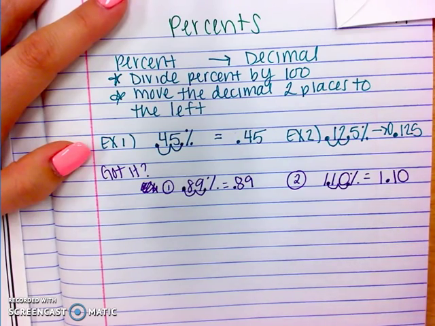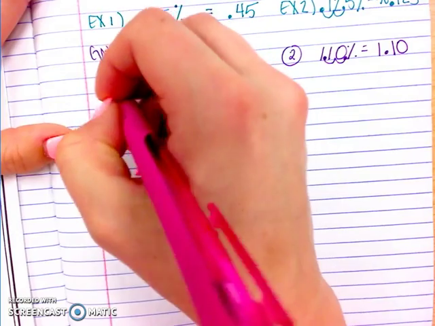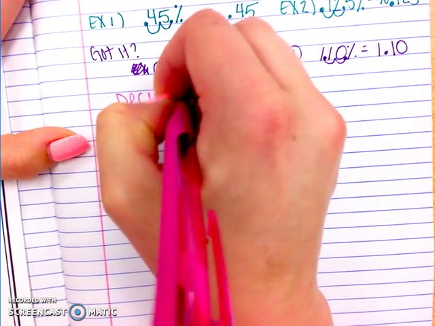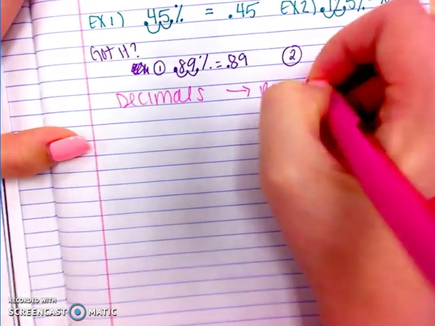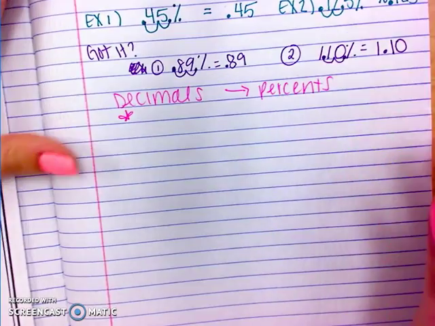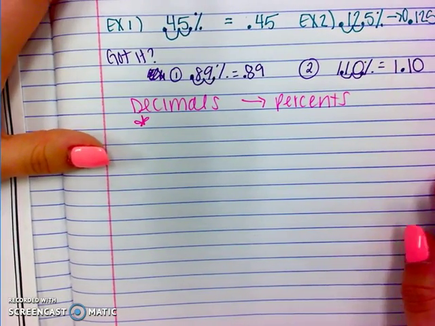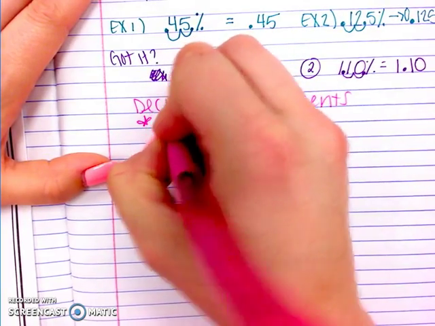Good. Now we're going to turn decimals into percents. Okay, and there's a rule and then a cheat sheet. So if I'm going from a decimal to a percent, officially I'm doing the opposite of before.